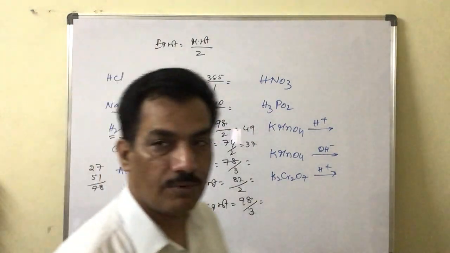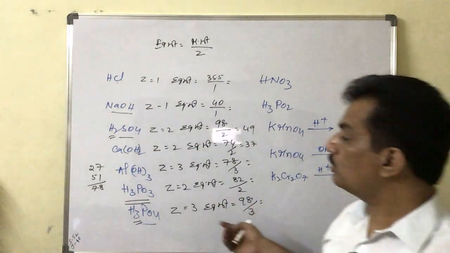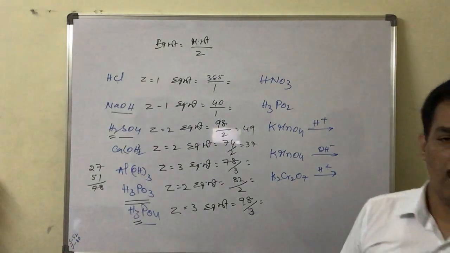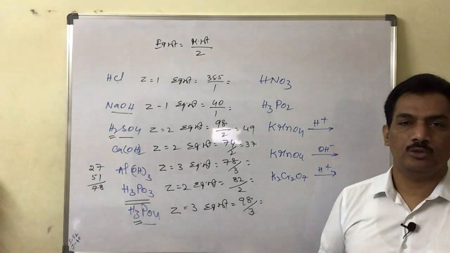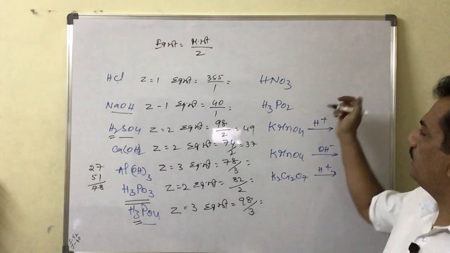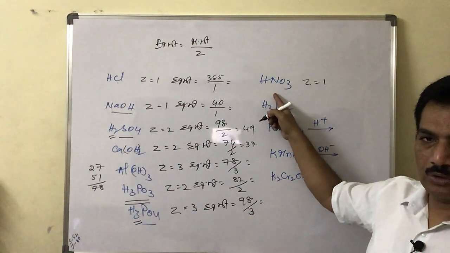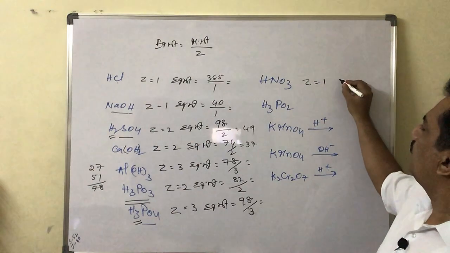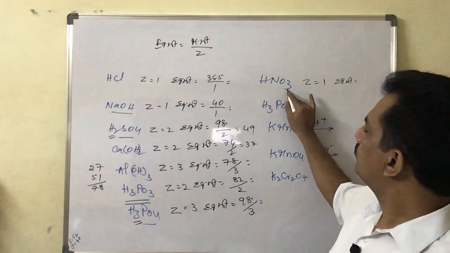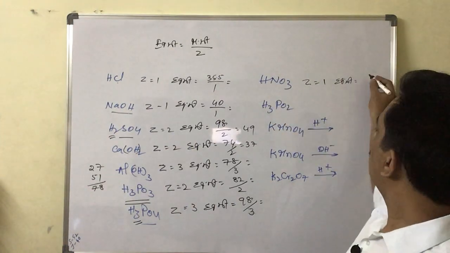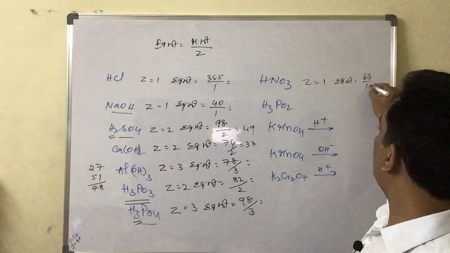Like that, for different molecules, it is molecular weight by the Z factor. Observe that the Z factor is the number of replaceable hydrogens in the case of acids and the number of replaceable OH groups in the case of bases. For HNO3, Z is 1 because there is only one hydrogen, so the equivalent weight is equal to the molecular weight, 63 by 1.